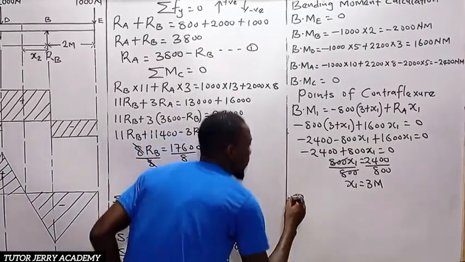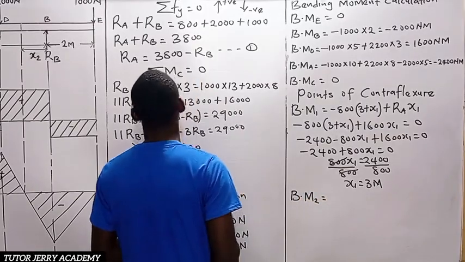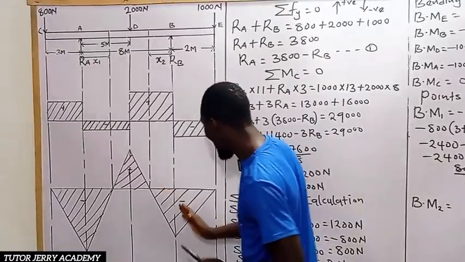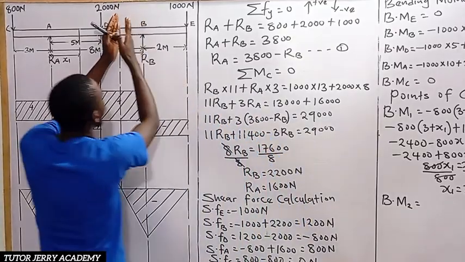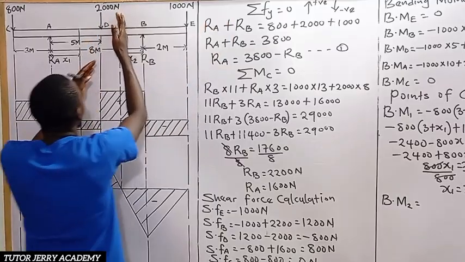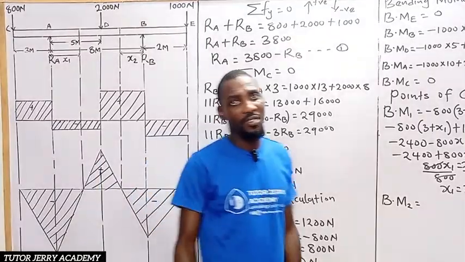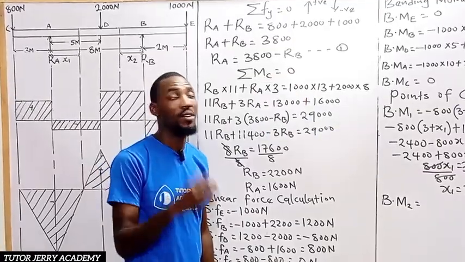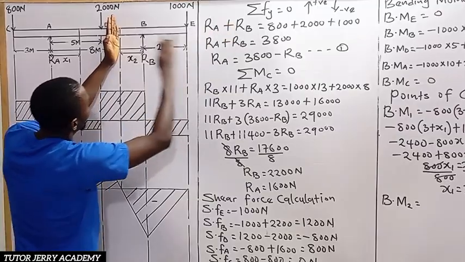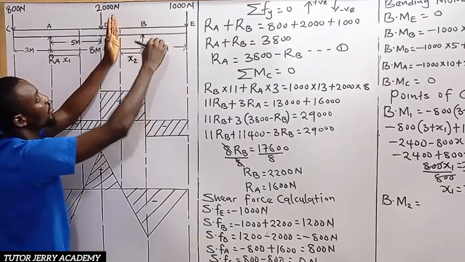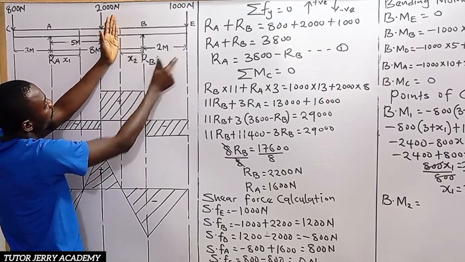So for the second point of contraflexure, I'm going to have BM2, which will be equal to, all right. Now look at this. If you start at this point, you can either calculate towards this side or towards this side. Let's calculate towards this side, because it makes sense. Here we are going to have negative 1000 multiplied by the total distance, that is 2 plus S2.